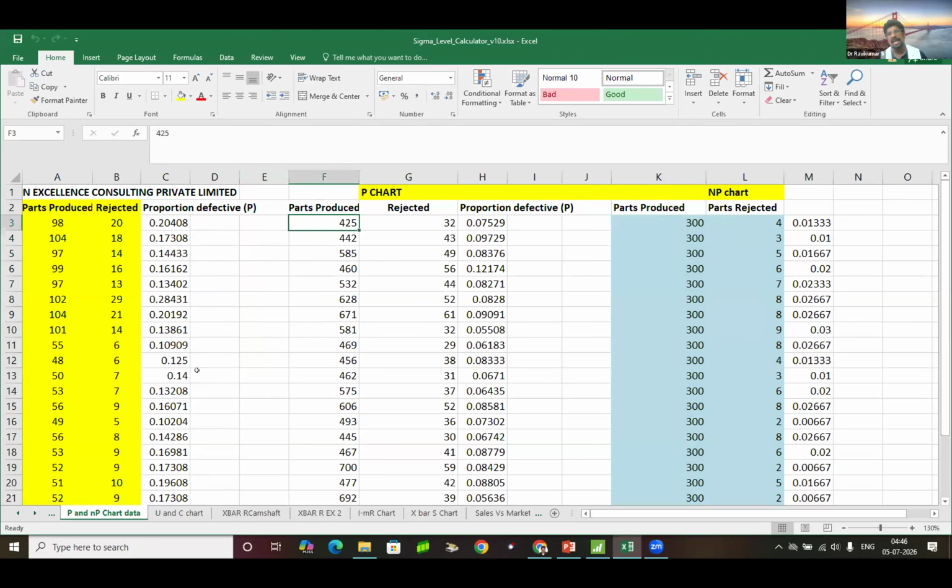Please open the Sigma level calculator Excel file which is shared with you by Dr. GSK. In that you have a sheet named P and NP chart data. Got it? Yes, guys, give me a response.